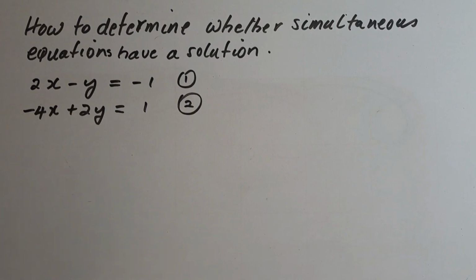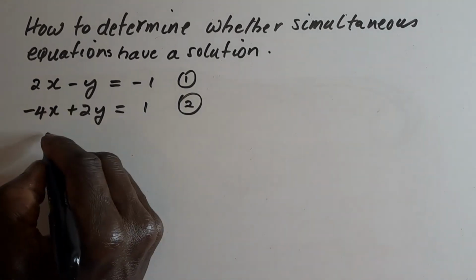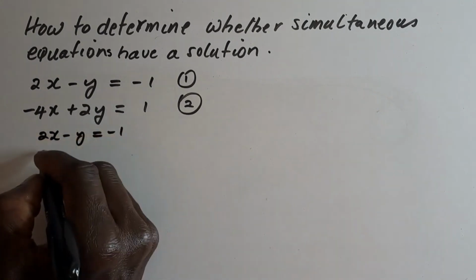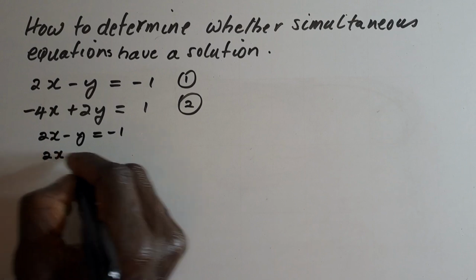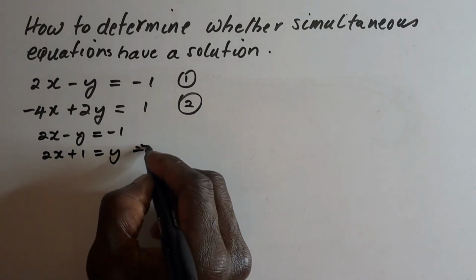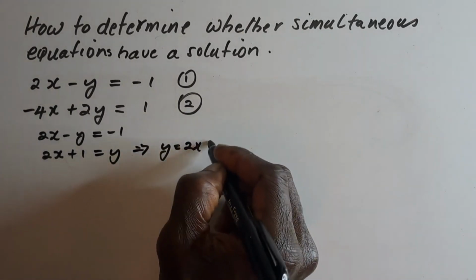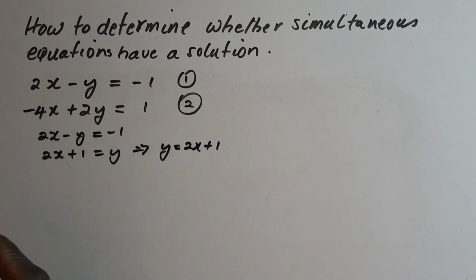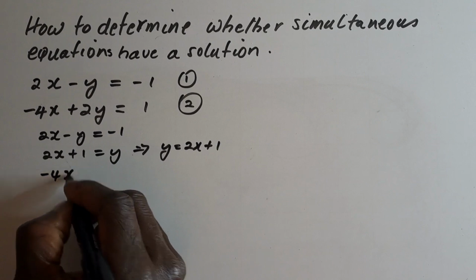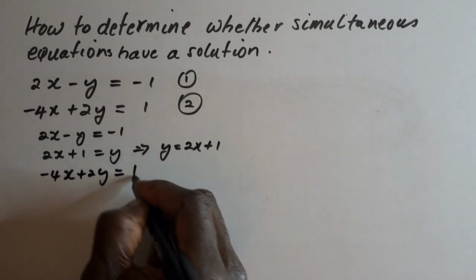First, we need to rearrange both of these equations so each formula is expressed y in terms of x. So for equation 1, we have that 2x minus y equal to negative 1, which we can arrange as 2x add 1 is equal to y, or we can write that y equal to 2x add 1. And equation 2, we can write 1 minus 4x add 2y is equal to 1.